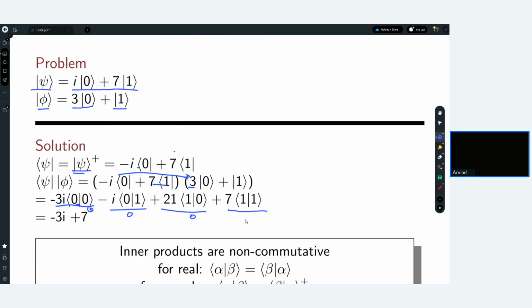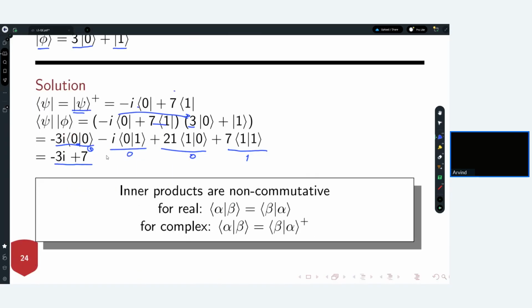Bra1 followed by ket1 is 1. So we will get minus 3i plus 7.